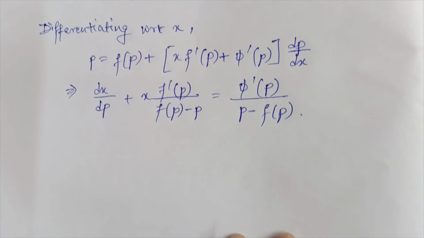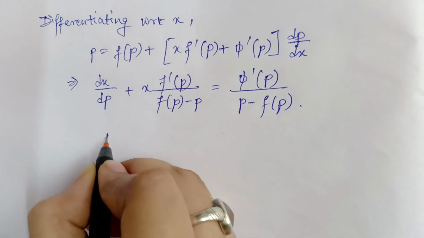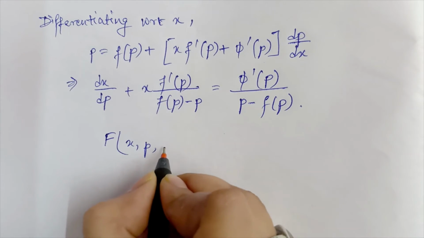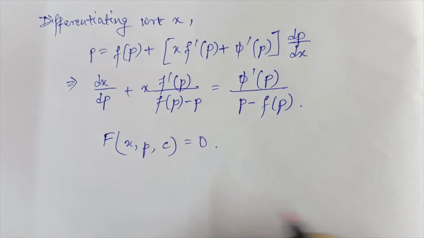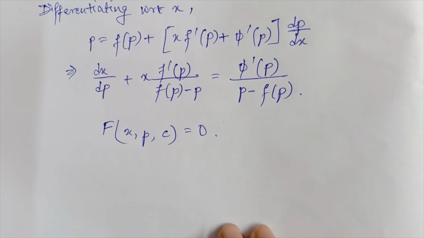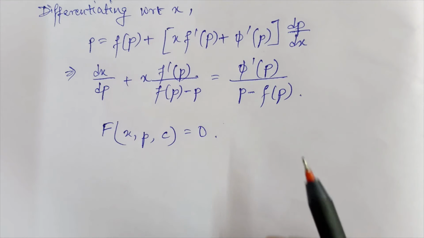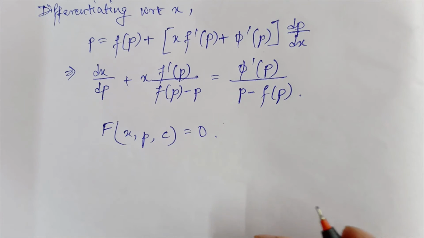Now suppose that the integral is capital X of x, p and c equals 0. The result of eliminating p between this equation and the original equation is the complete primitive.